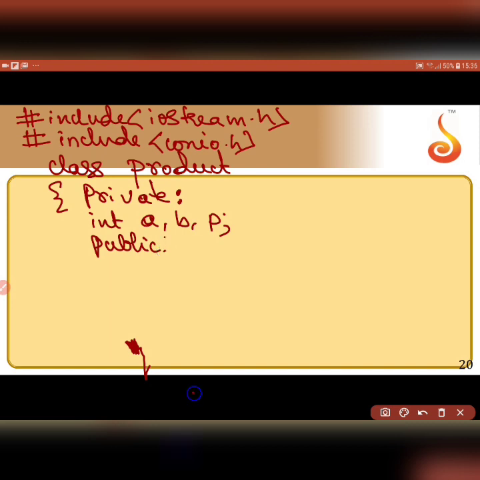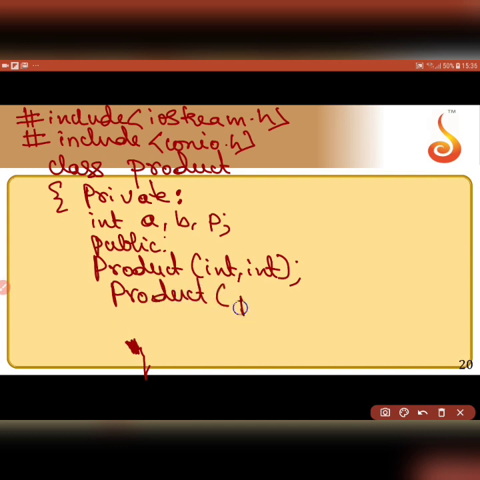Then public, let me say product, int comma int. Product, ampersand. Next is void display.